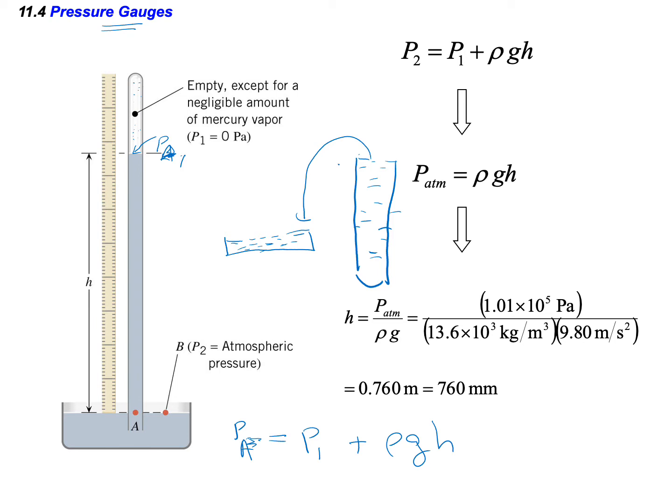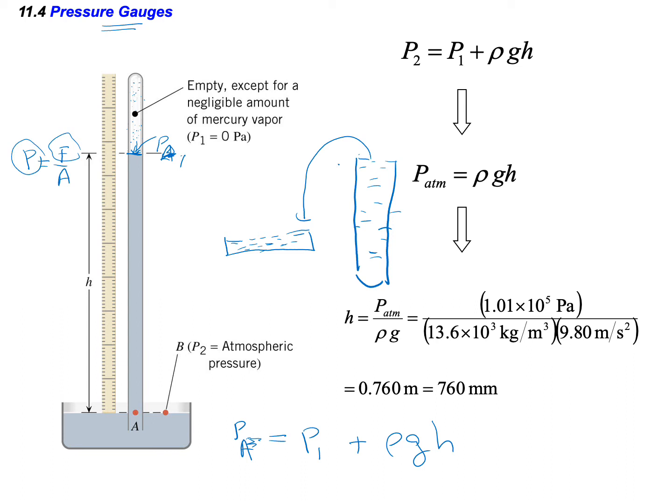So we know this area doesn't have any air molecules. Pressure is force over area. In this area, air molecules, if there are any, apply the force. If there are no air molecules, there is no force, which means there is no pressure.